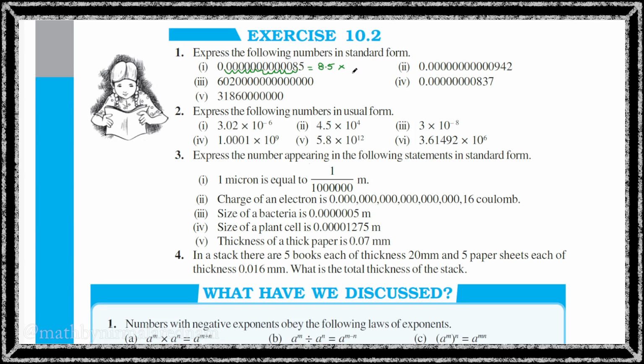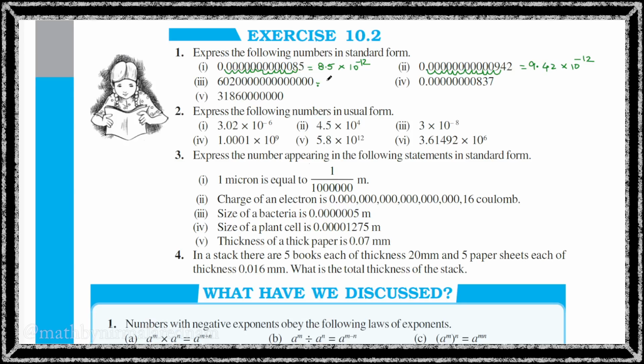So it is 10 power minus 12. Okay, and over here it's going to be 9.42 into, again 1, 2, 3, 4, 5, 6, 7, 8, 9, 10, 11, 12. Again it is 10 power minus 12.